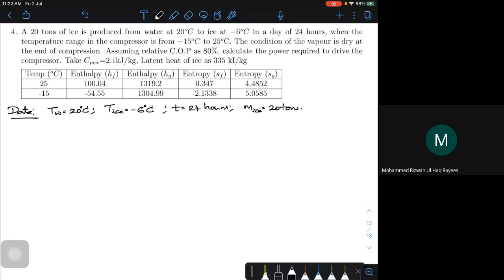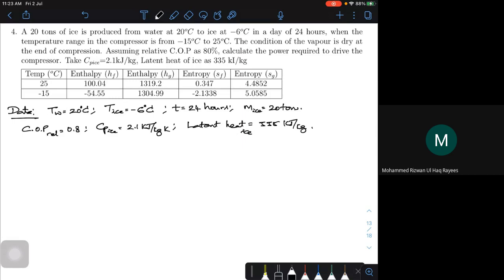The relative COP is 0.8 times the theoretical COP, since 80% means 0.8. Then CP of ice is 2.1 kilojoules per kg Kelvin, and latent heat of ice is 335 kilojoules per kg. This is the information that is given.